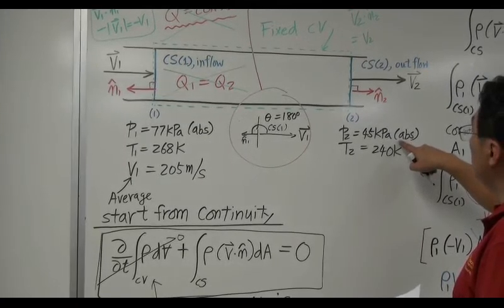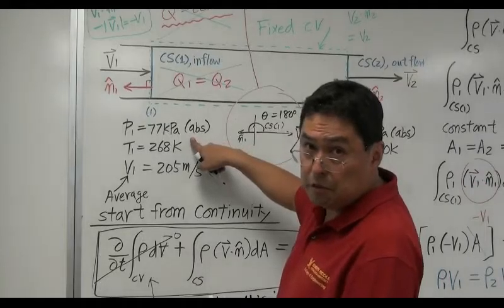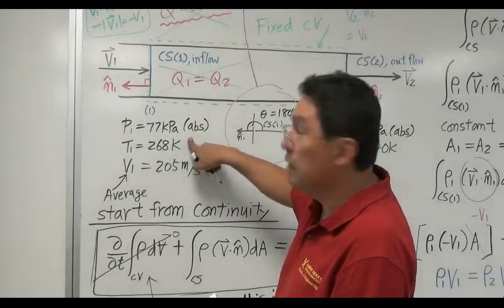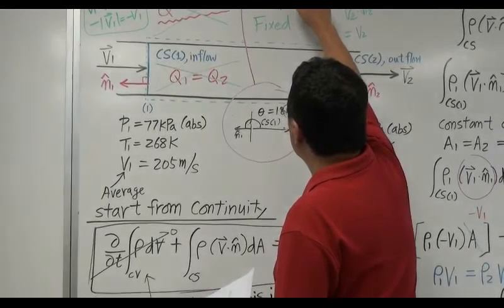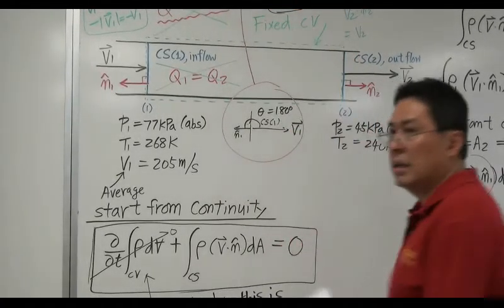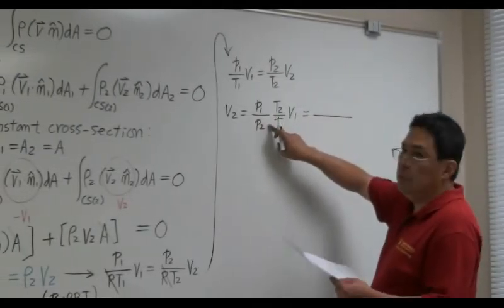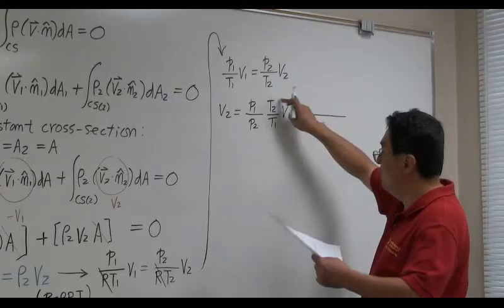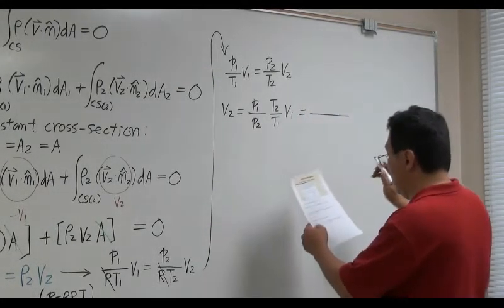If this is given as a gauge pressure, you have to convert it to absolute pressure using the local atmospheric value P atm. Okay, let's be careful. Knowing that those P's are absolute pressures and those T's are absolute scale temperatures, you just plug in the values as is.